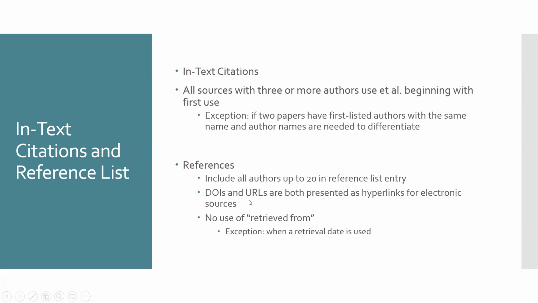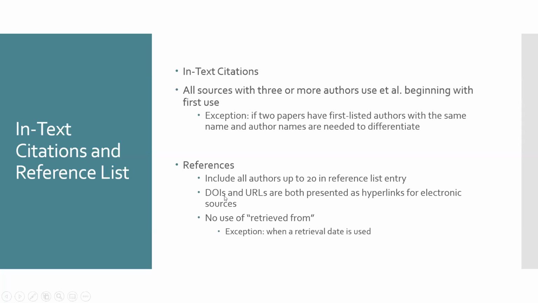Additionally, what's different from 6th to 7th edition, we talked a lot about it a little bit earlier, is that you never say "retrieved from" when you're using a DOI or a URL. The only exception is if you're using an online source like a website, and then you can say retrieved on this date, but you should never be using "retrieved from" and then putting a URL or a DOI.